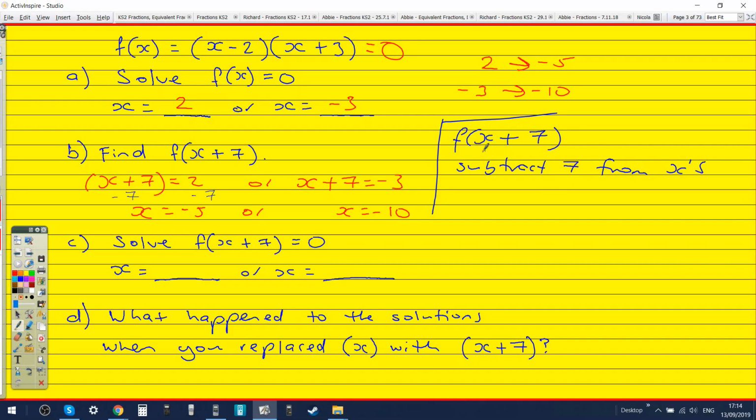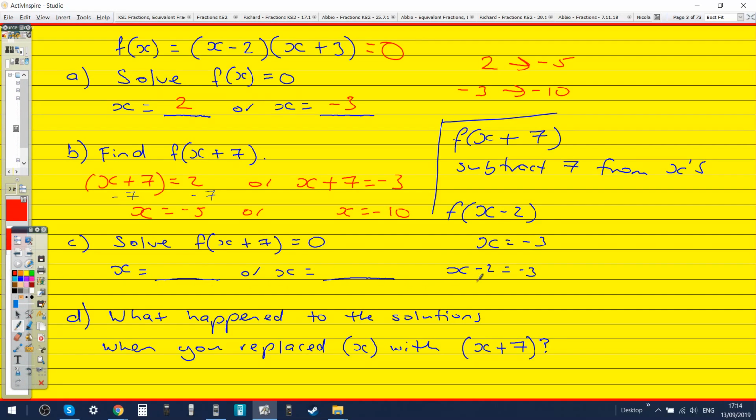And we could do something similar, like if we were to put in the f of x minus 2, you would go from having x equals -3 to x minus 2 equals -3, and you would have to add 2 to both sides. So that would be +2 to the x's. And so it's always the opposite sign. So the f of x plus 7, you subtract 7 from the x's. F of x minus 2, you add 2 to all the x's because it changes sign when you bring it to the other side.